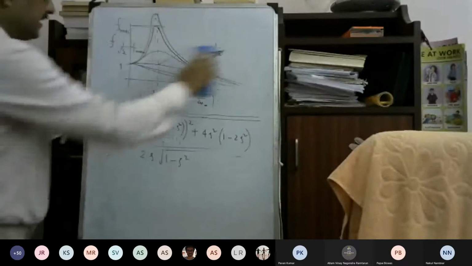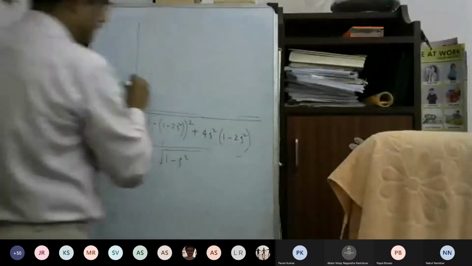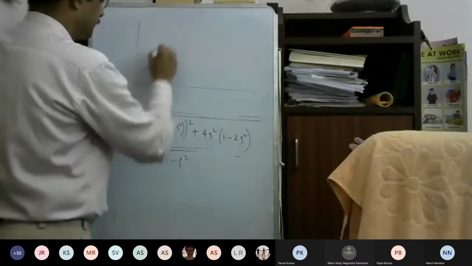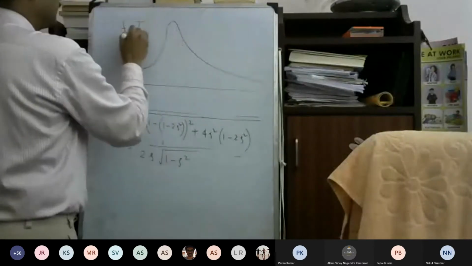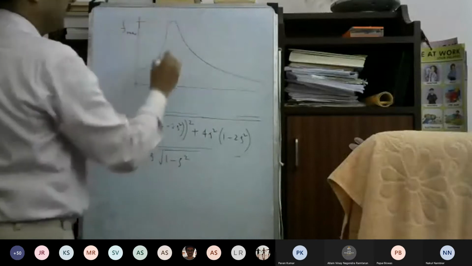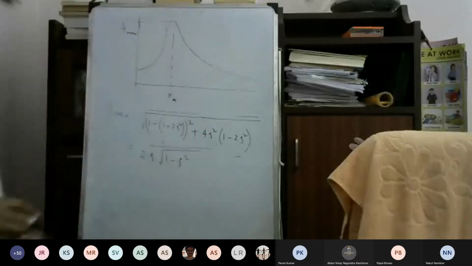Why am I doing this? Suppose I have a curve. So this is F max, and this is the value of, let us say, R star, where this is maximum.